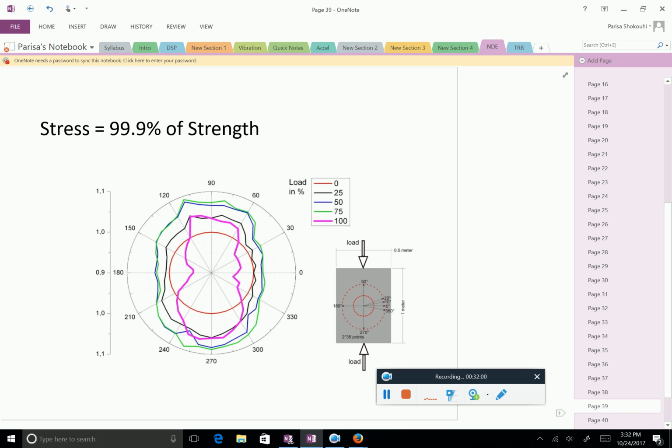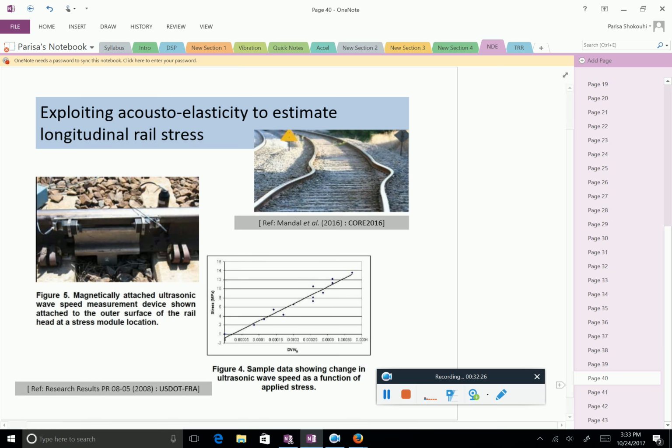So I think it shows very well how stress creates anisotropy in material, and it is measurable with ultrasonic waves. And here we are using surface waves, which is you just have two transducers on the surface, so you don't even need to look somewhere else, and you can really nicely see what's going on here.